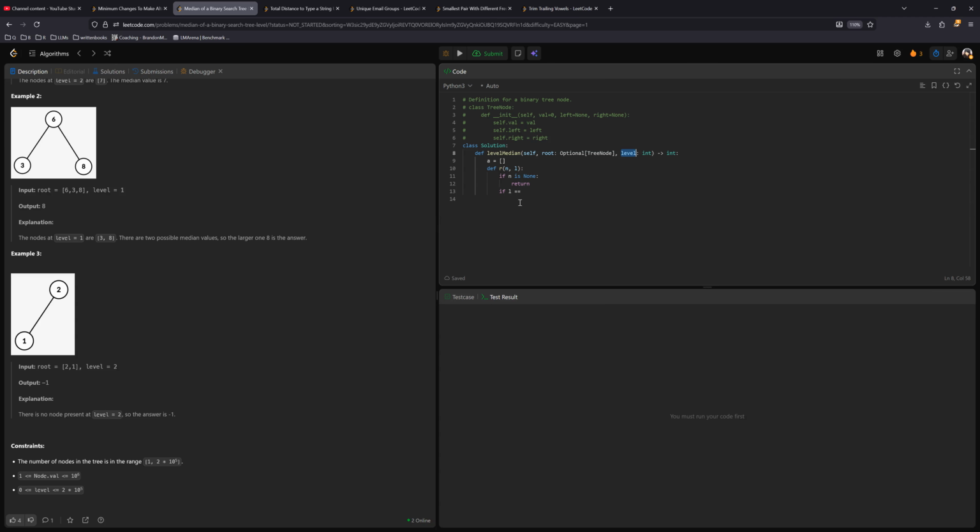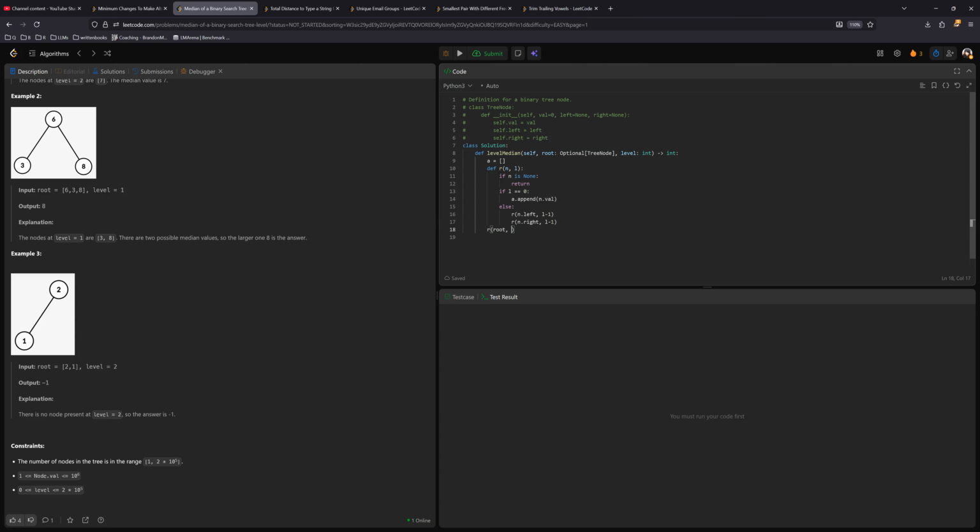You know what, we should have this count down to 0. If L is equal to 0, then we're going to say A dot append N dot val and return. Otherwise, we're going to recurse N dot left comma L minus 1 and N dot right comma L minus 1. And then we'll just call it like this.